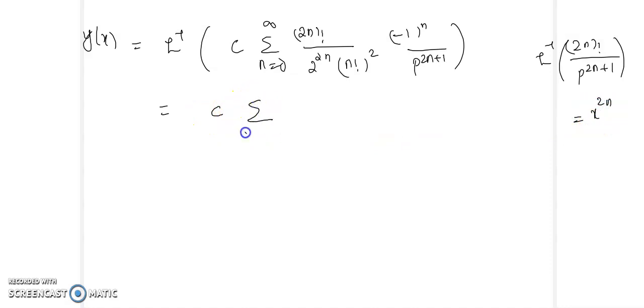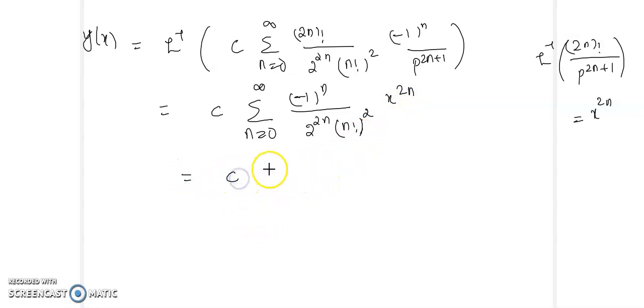So this will be summation n equal to 0 to infinity minus 1 whole raised to n by 2 raised to 2n n factorial whole square, times x raised to 2n. So this is the value of y of x.